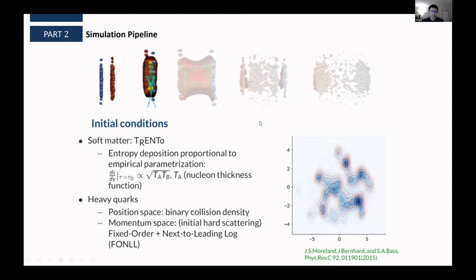In addition to this improved Langevin equation, we also need other models to describe the whole heavy ion collision. For the initial conditions for the soft matter, we have the Trento model, which is a parameterized model for entropy or energy deposition. For heavy quarks, we adopt the FONLL calculation, which is a fixed order plus next-to-leading log calculation for the momentum distribution of heavy quarks.